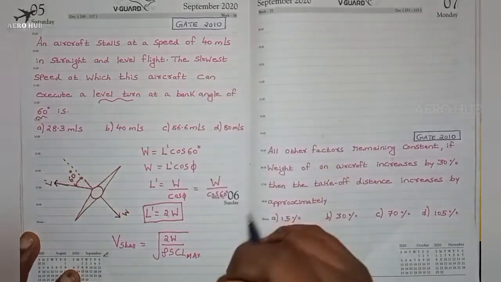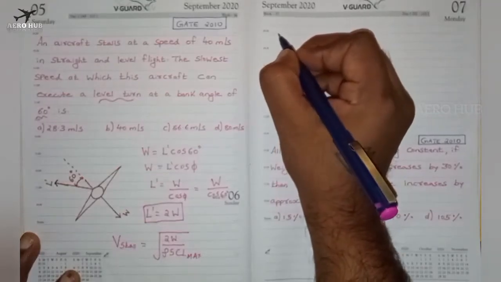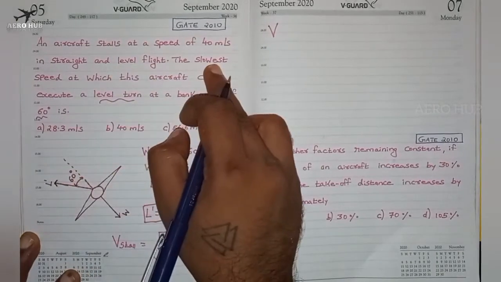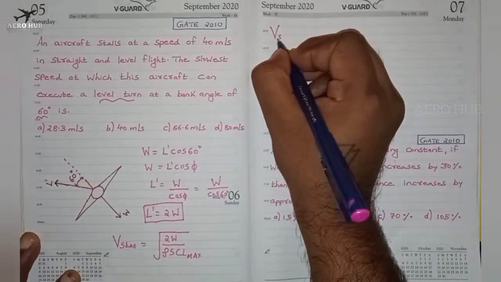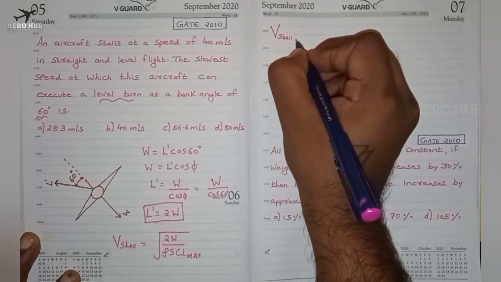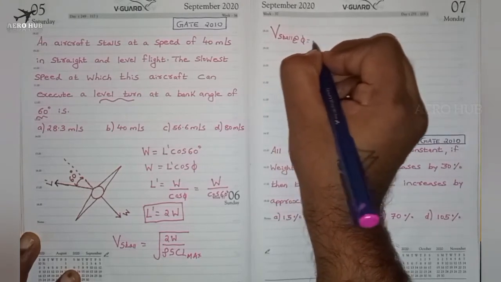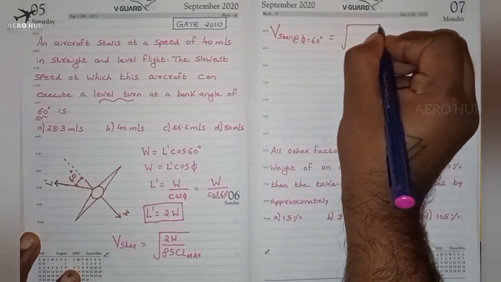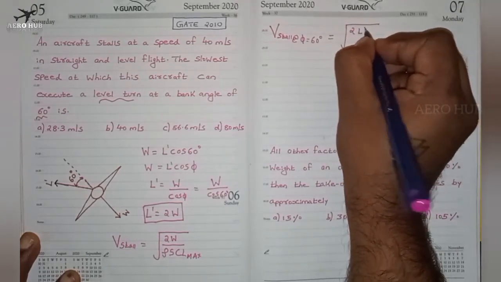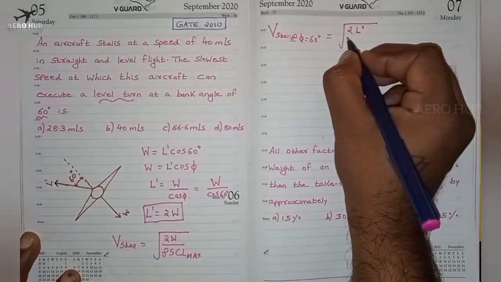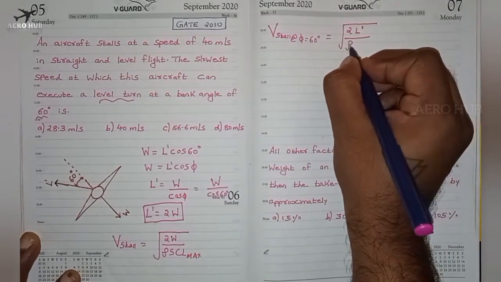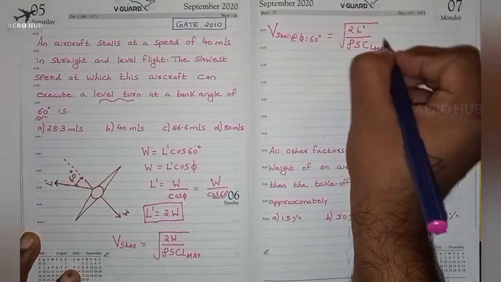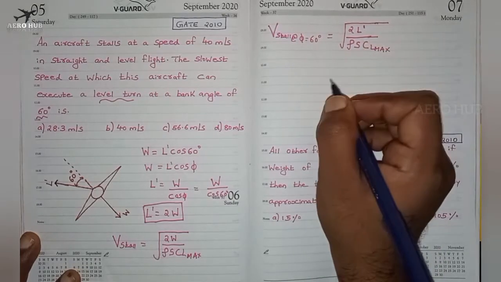Now in this case the aircraft is turning at an angle of 60 degrees, so they are asking to find the slowest velocity. Slowest speed is nothing but the minimum stall velocity at phi equal to 60 degree. So this will be root of 2 times L dash divided by rho S CL max, because we have to find the slowest velocity.